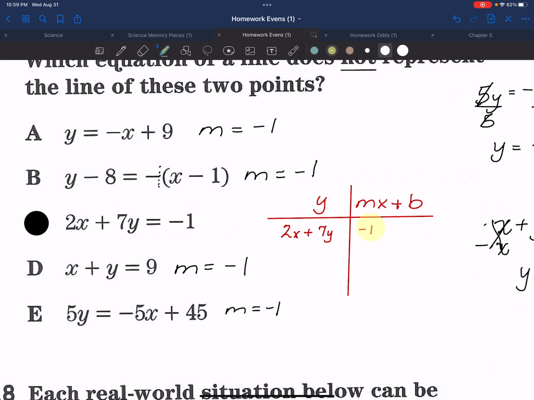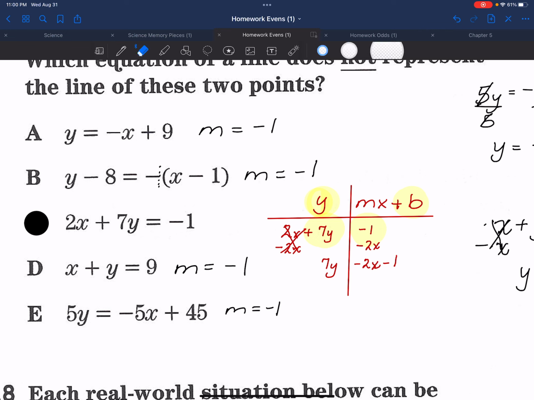So when you match up these pieces, we have a constant. We have a y term. Now we will have to get y by itself, but for now, I want to move the minus 2x here and here. So cancel that. We're left with 7y equals negative 2x minus 1.